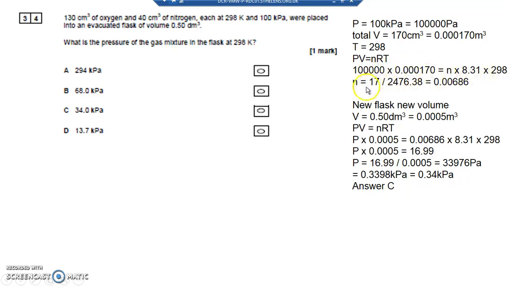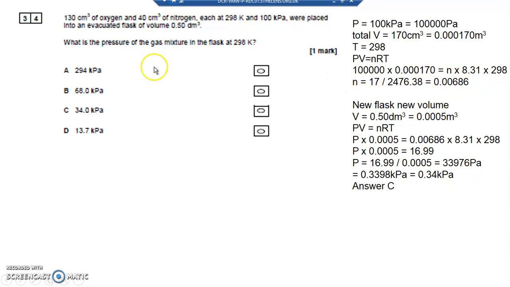I'd always multiply these out first, and these two multiplied together equal 170. These two multiplied together equal 2476.38. Divide the 170 by the 2476.38. The combined number of moles of oxygen and nitrogen that I've got is 0.00686 moles.